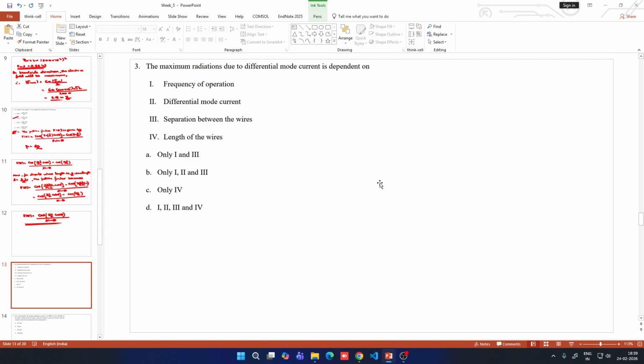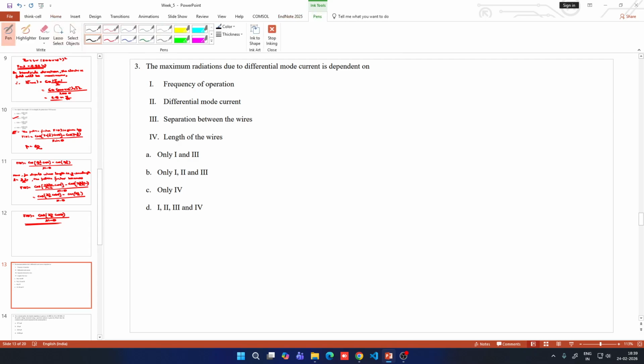So I hope everybody knows the answer for this one. First we can start by writing the E_D max, that is the maximum radiation due to the differential mode current.